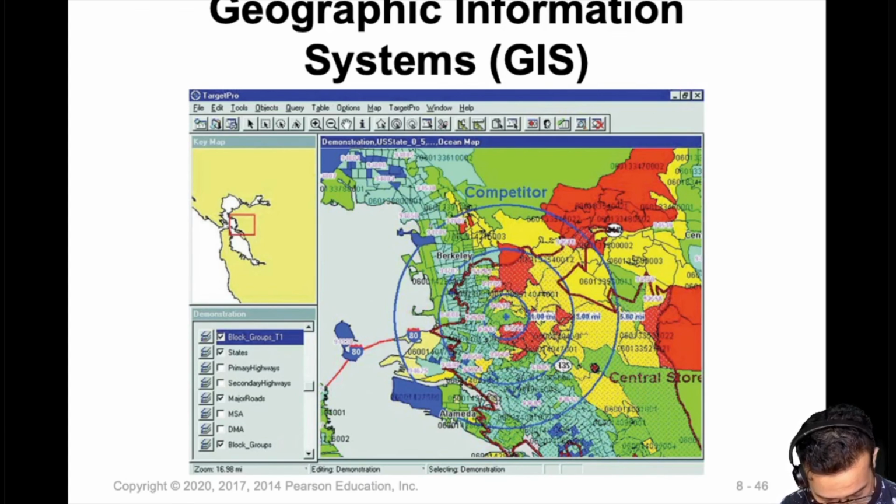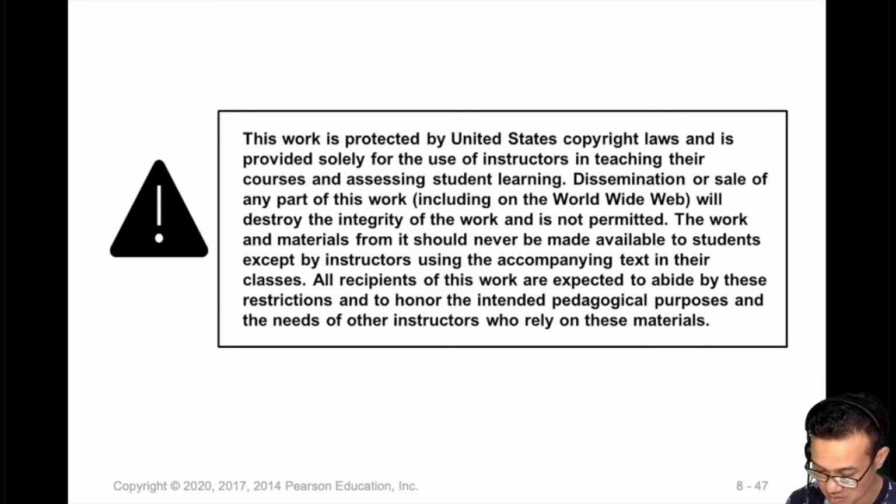The company uses target info, with three concentric blue rings, each representing various mile radii, drawn around the competitor's store, and the heavy red line indicates the drive time to the firm-owned central store, which is represented by the red dot. So that's just for the location analysis.